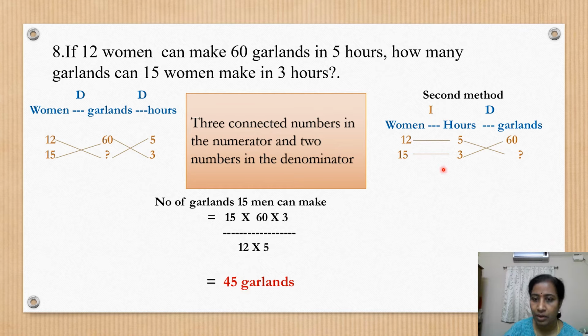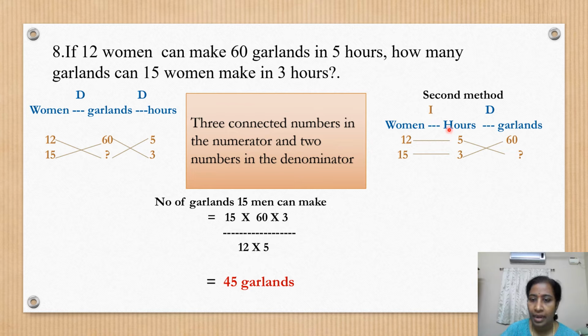I am giving you another method because I cannot expect everyone to write in the same order. So anybody who writes in this order, women, hours and garlands, the answer will not be wrong because of the order, provided you write this inverse and direct properly.